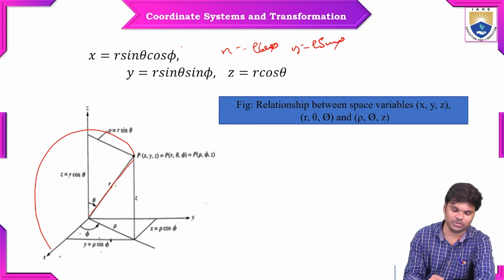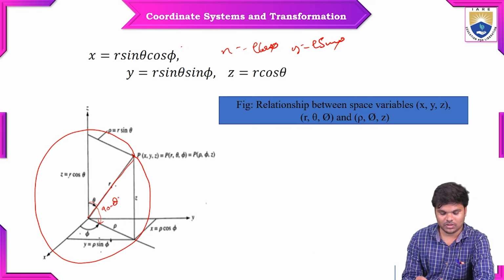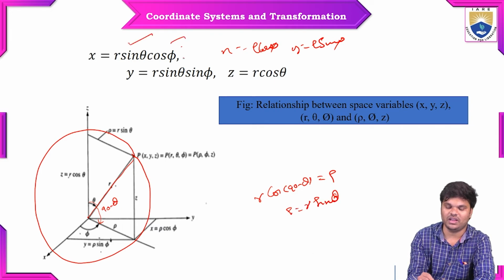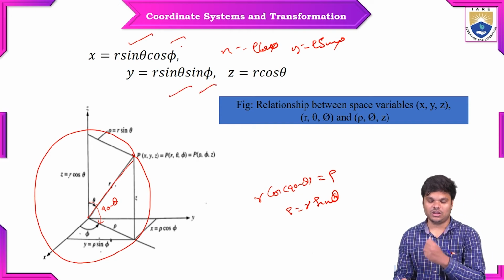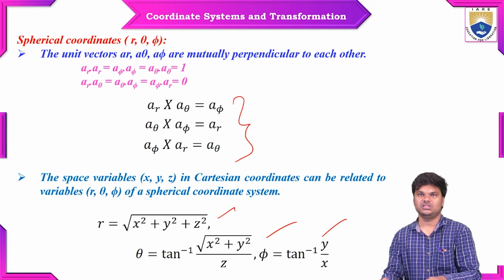If I take any sphere like this, from the center of the sphere to here is the radius, and this one is theta, and this one is 90 minus theta. So r cos of 90 minus theta is rho. Rho is equal to r sin theta. So that's why here r sin theta cos phi, r sin theta sin phi. Z is equal to r cos theta. From these three equations, we can get these things. Clear?